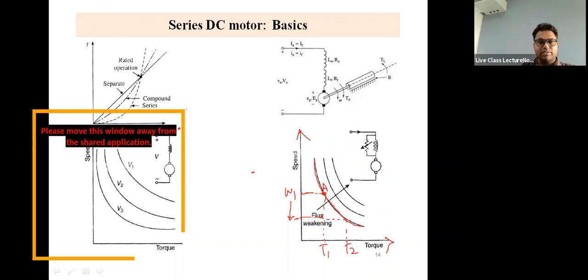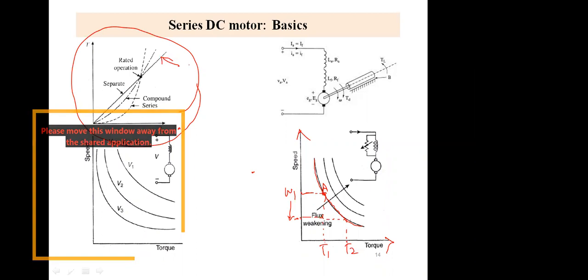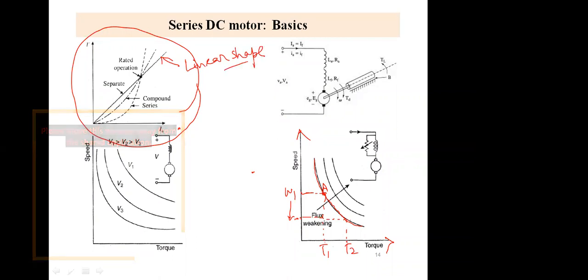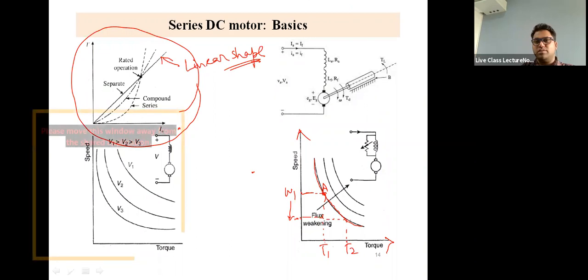So this is a comparative study of all the types of motors. Say this is a separately excited motor. This is very much straight. So this is a very good type of waveform. This is a completely linear shape, right? Does it not have a completely linear operation? Please mute yourself, whoever it is.